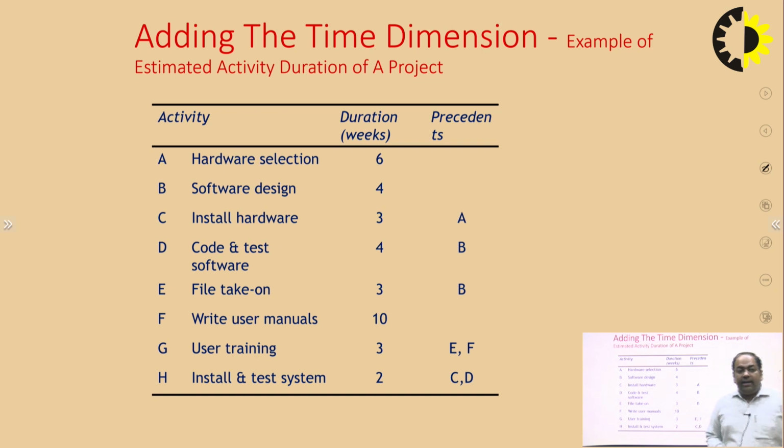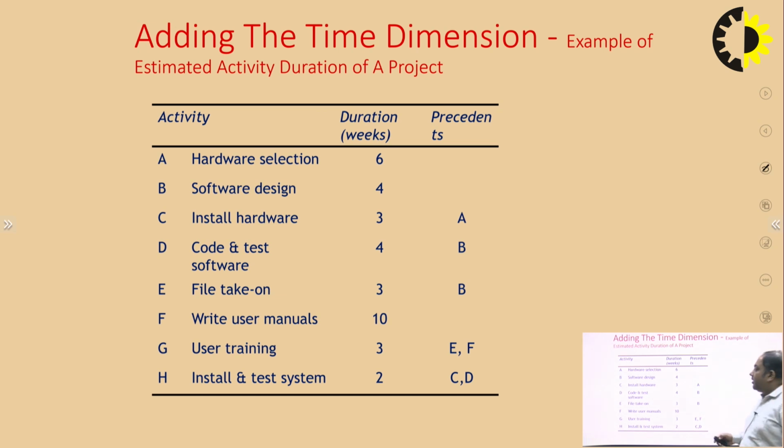So the user training is dependent on activities E and F. Unless you write the user manual or take files, you cannot give user training. And after user training, we have to install and test our system. The installation and testing of a system cannot be done without installing the hardware and completing our coding. So activity H is dependent on activities C and D.